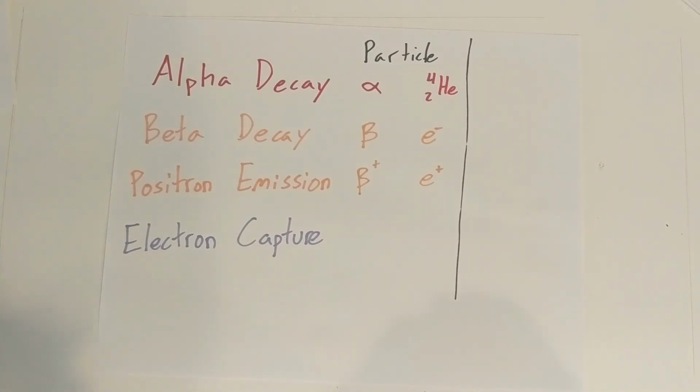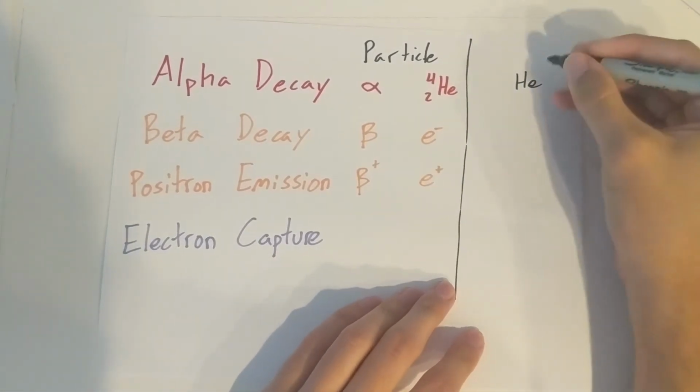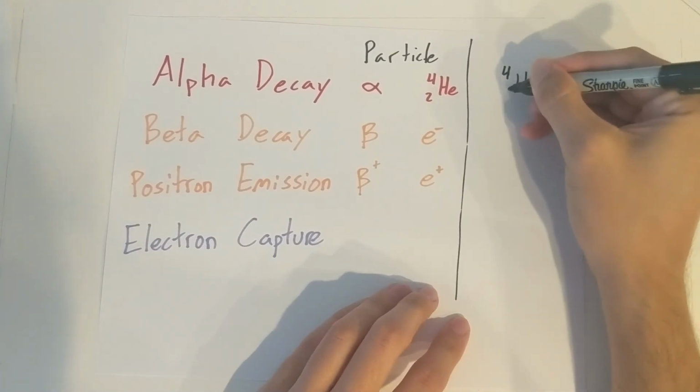But when we are doing these problems, we want to think of how the nucleus is changing. So we can think of the atomic number as the positive charge of a nucleus and how that positive charge is changing. And we could think of the mass number as how the mass is changing. So ways that we could write these to help us solve these problems: the alpha particle stays exactly the same.